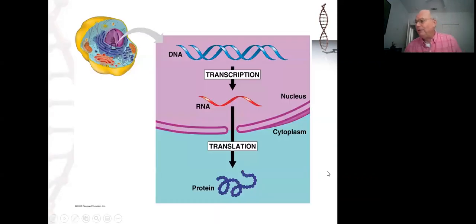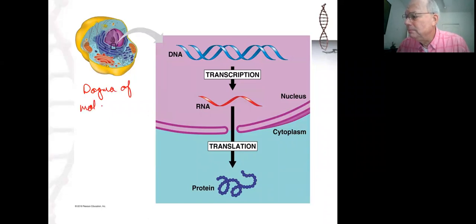This is our basic flow of information. This is sometimes referred to as the dogma of molecular biology, and it was actually first proposed by Francis Crick.